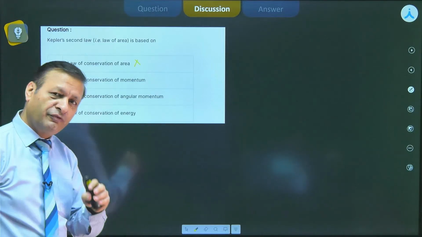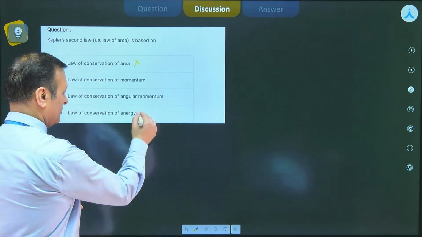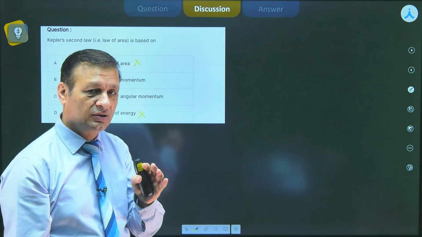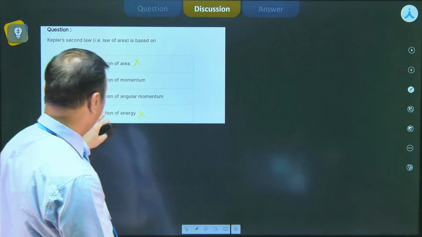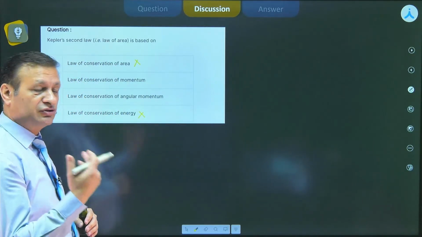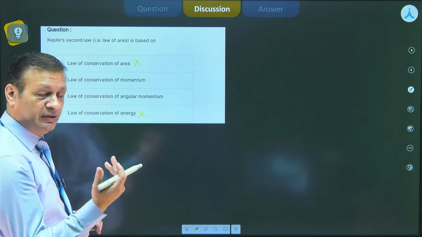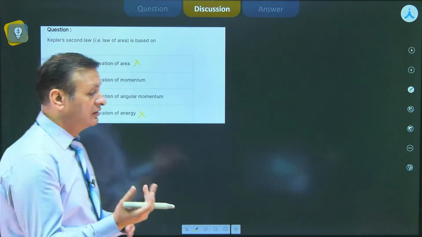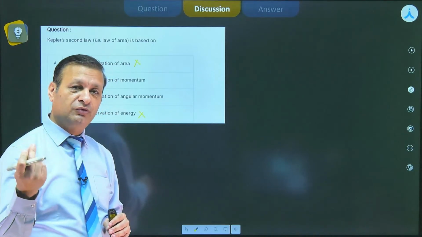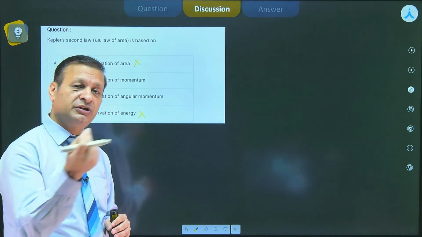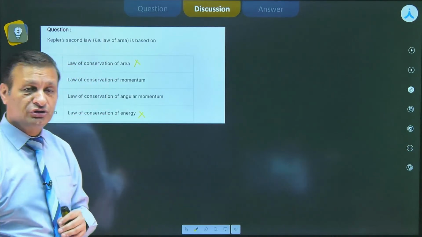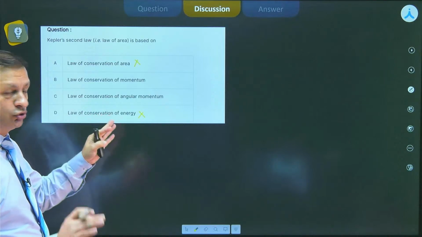Law of conservation of energy is a universal concept, but Kepler's laws are not defined on the basis of it. Total energy will remain constant, but as you have seen, the speed varies all along the path. So speed would be different at perihelion position when you compare it with the aphelion position. So kinetic energy and potential energy are the two variables.